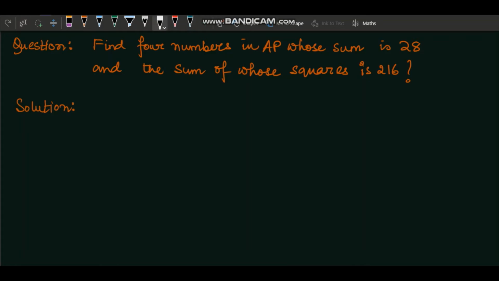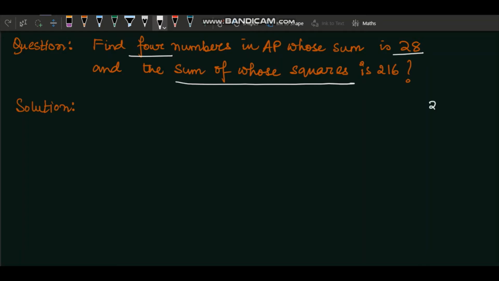Next we will discuss another sum which is of the same type but with an even number of terms. So you see, you have to find 4 numbers which are in AP. The sum is given to be 28, and most importantly, the condition that the sum of their squares is 216.